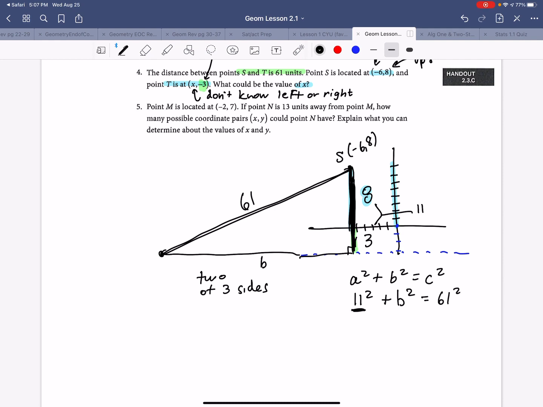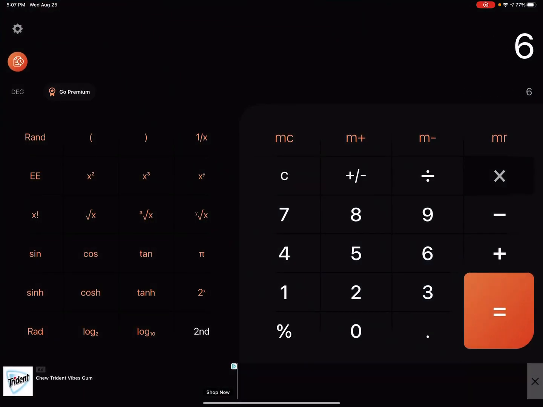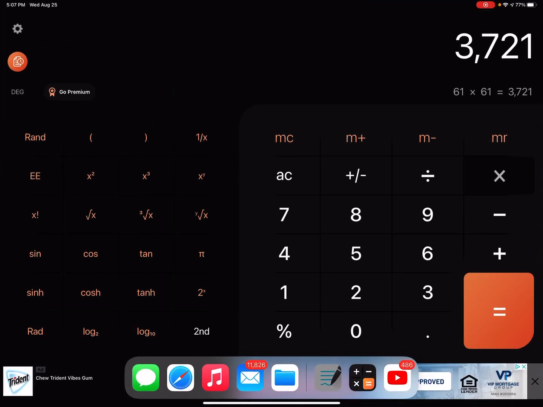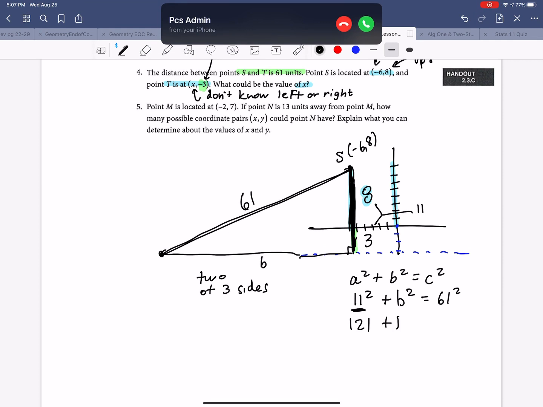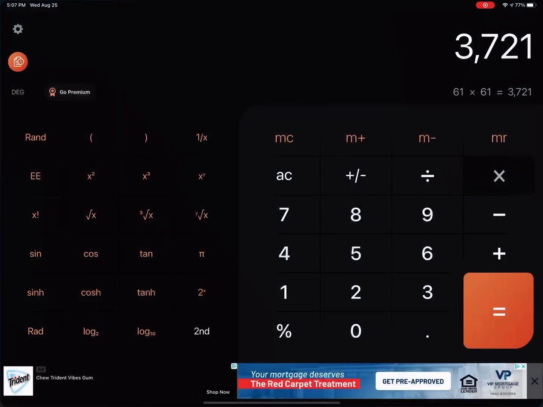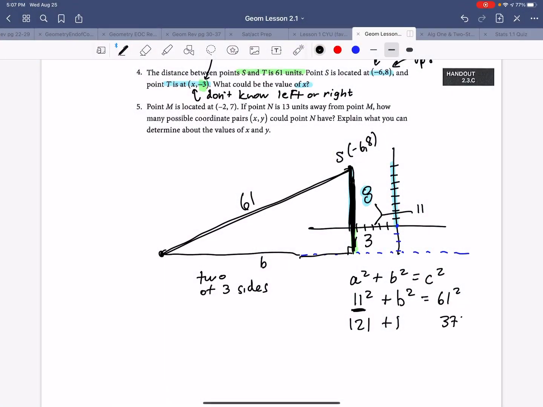So 11 squared is 11 times 11. 61 squared, I'm going to have to use my calculator for that. 61 times 61, 3721. Okay, so 3721.